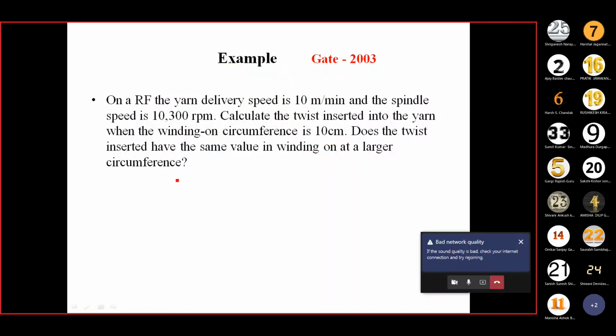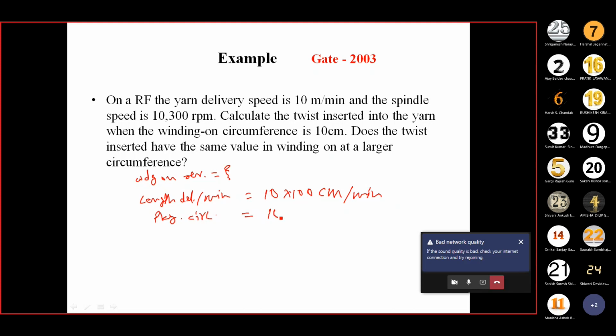Okay. So here, first of all, we will calculate winding on revolutions. Now, how to find out? For that, first of all, we have to find out the length delivered per minute. It will be 10 into 100 centimeter per minute. This is a very simple thing.